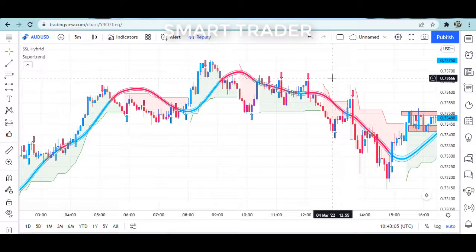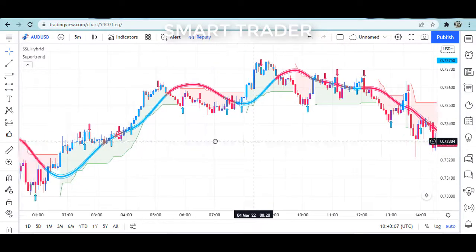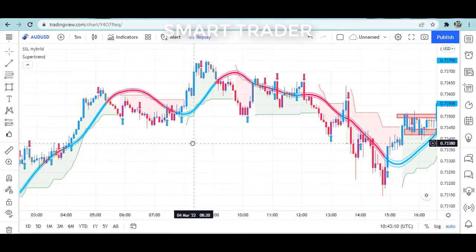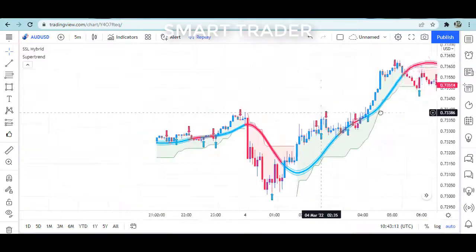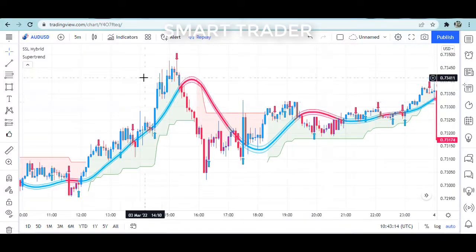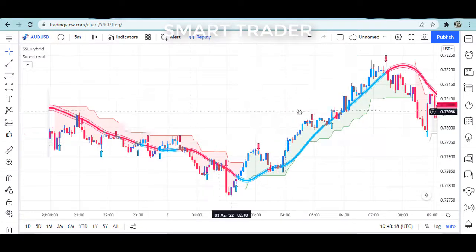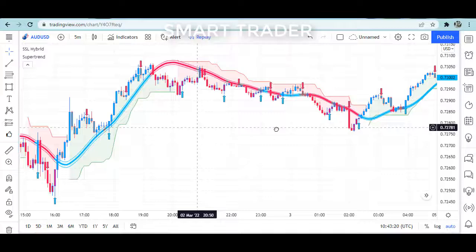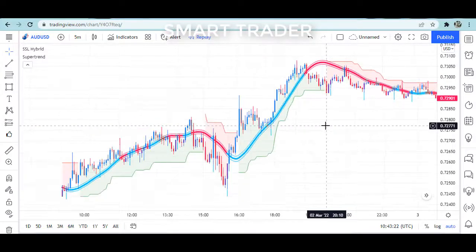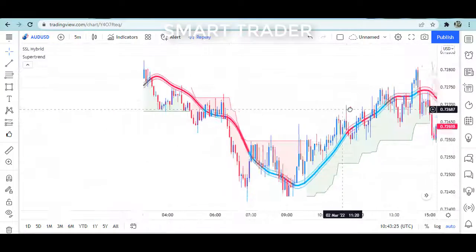For the sell signal, you need the price below the two indicators. Okay, you need the price below the two indicators.